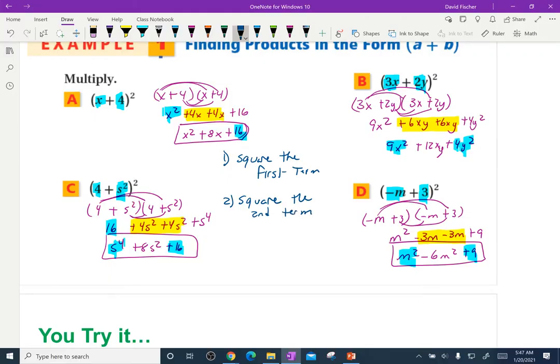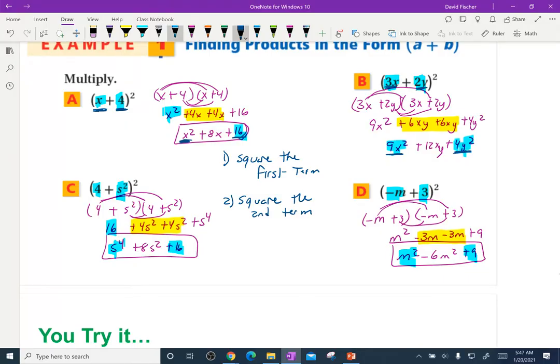Now when I square the first term, that's going to be my first term here, x squared. When I square the second term, I'm going to leave some space because in my trinomial, he's going to be my last term. When I squared it over here on letter B, I squared 3x. 3 times 3 is 9. X times x is x squared. Then I squared the second term. 2 times 2 is 4. Y times y is y squared. But I want to leave some room for my middle term.